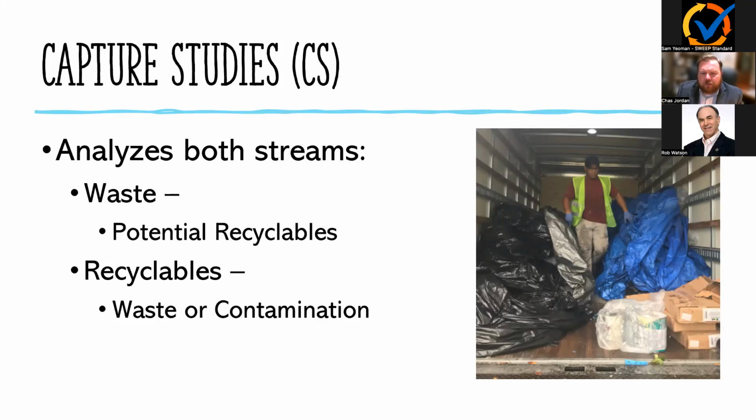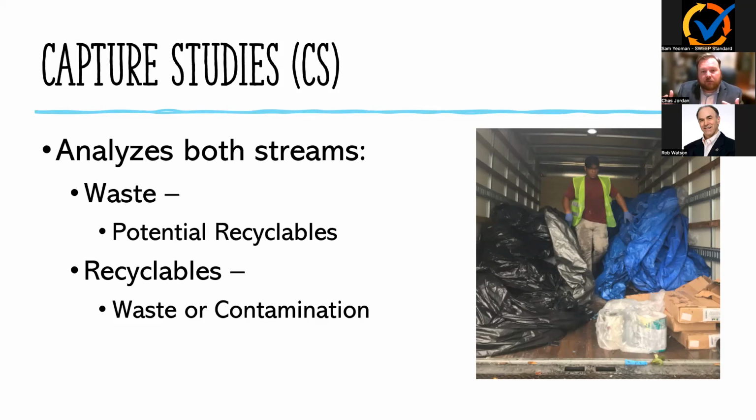So a capture study is basically a consolidation of a RCS and a WCS, a recycling and a waste composition study, but with a focus being on what recyclables are still in the waste stream and what waste is still being sent into the recycling stream, or contamination.